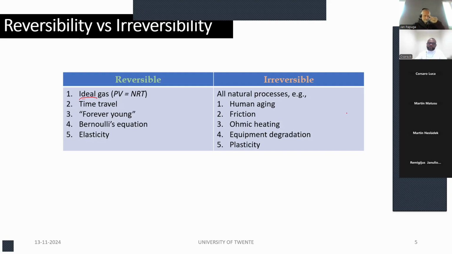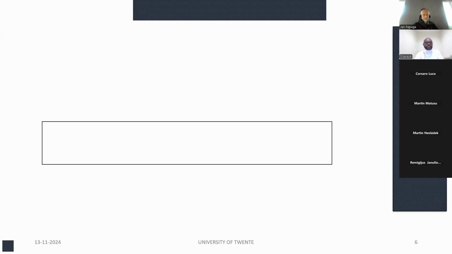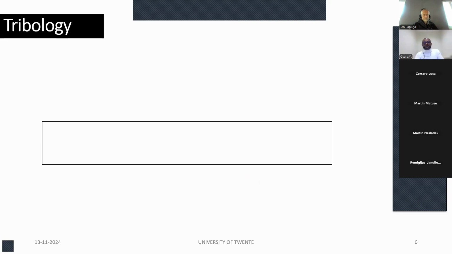And on the other side, we get the counter processes where we have aging, friction, highly dissipated processes. Again, everything on this side is real, and on this side is ideal and generally theoretical. For the focus of what we're going to be talking about today, we are on this side, the real systems. Actual dissipated processes that lead to degradation and eventual fatigue failure.